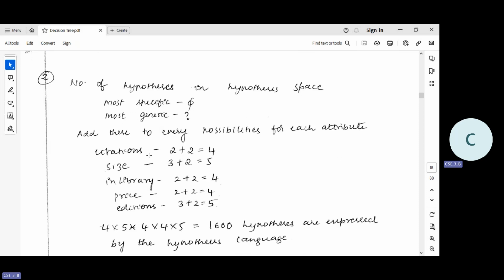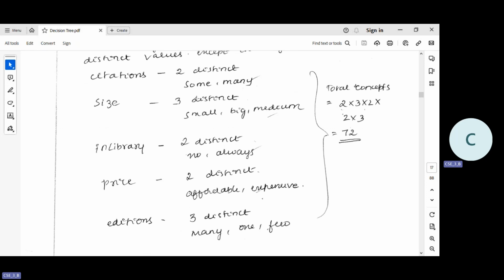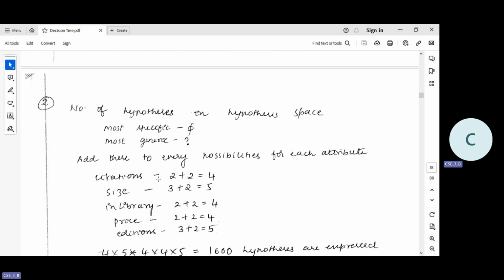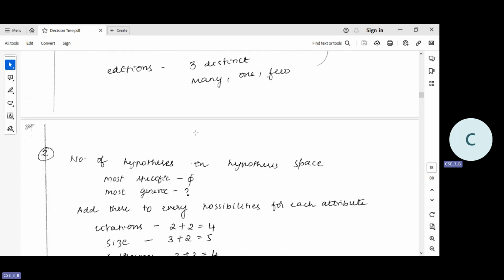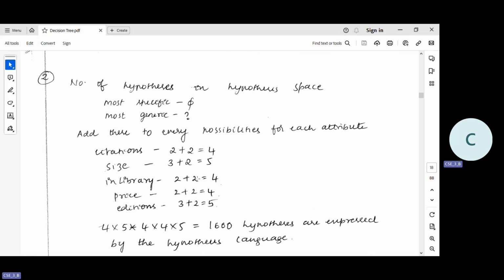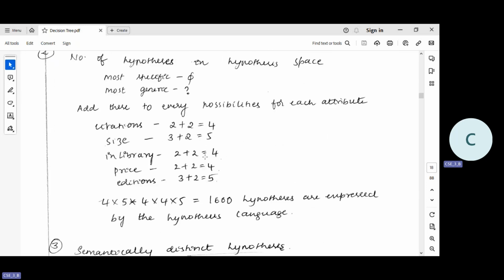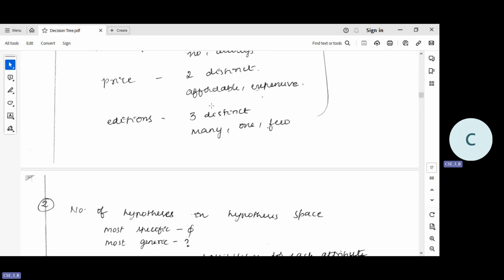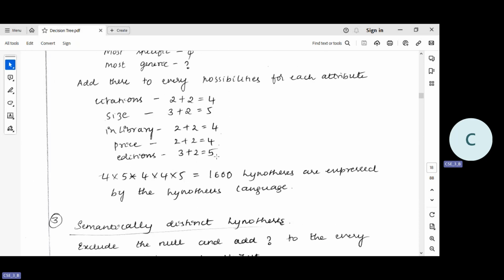For citations there are two distinct values, so adding these two makes 4. For size, 3 plus 2 is 5. In library has two distinct values, 2 plus 2, 4. Price, 2 plus 2, then 4. Editions has three values, 3 plus 2, 5. So altogether 1600 hypotheses are expressed by the hypothesis language.